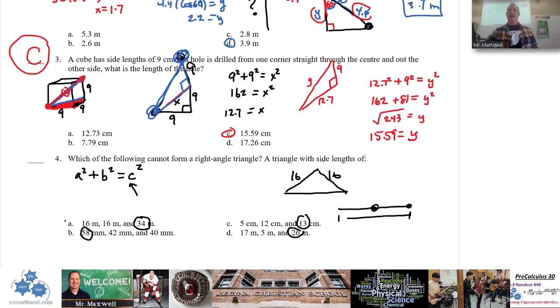So if you ever have a situation where the longest side is longer than the sum of the other two, you've got a problem. The maximum this third side could be is 32. So right away, 16 plus 16 is less than 34. So this cannot be a right triangle. It's not a triangle at all.